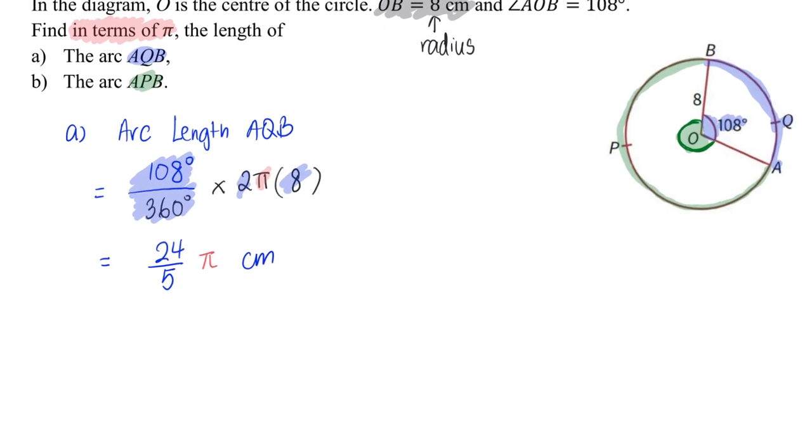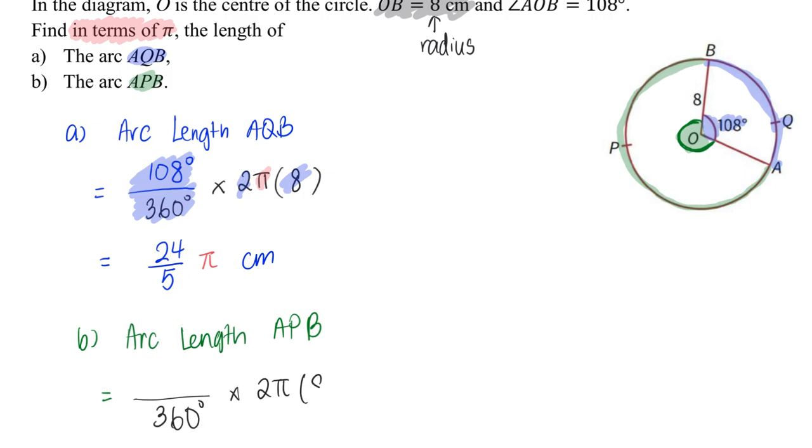And so for part B, the arc length of APB is therefore still, we will have to divide by 360. We will still have to multiply by 2 pi r. But what is that angle down there then? What is this green color angle?